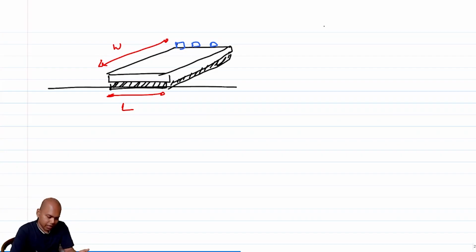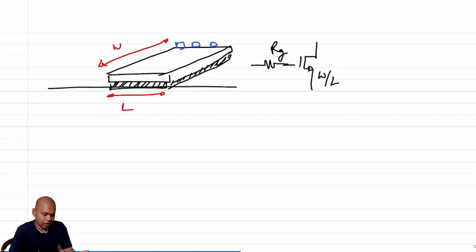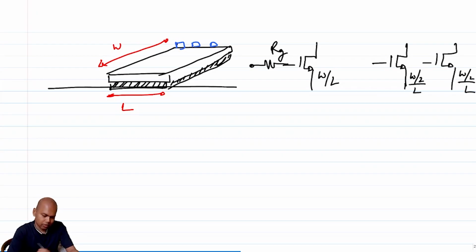So essentially, if I have one single transistor of W by L with an Rg resistance associated with it at the gate, and I break this transistor into, let's say, two transistors in parallel of value W over 2 by L, what will happen to this Rg? This Rg will also become Rg by 2.